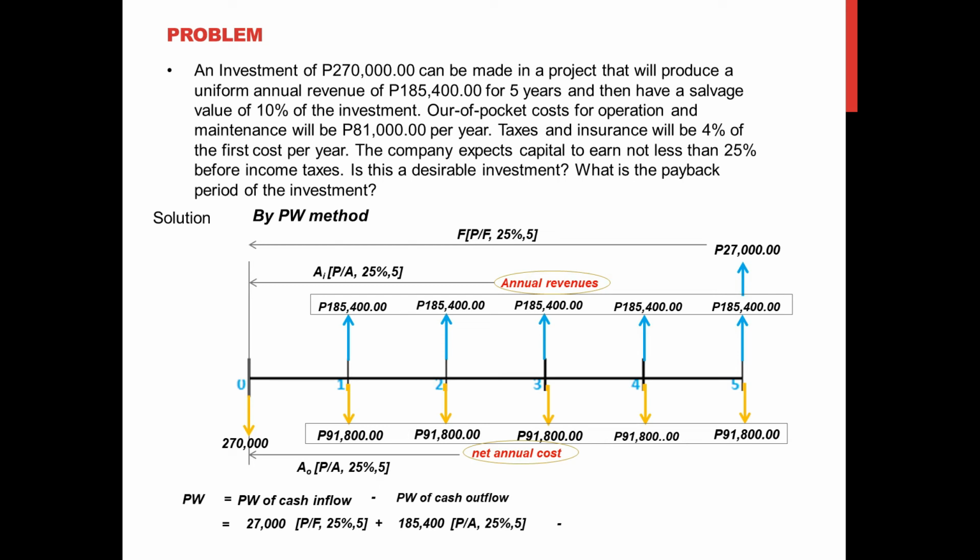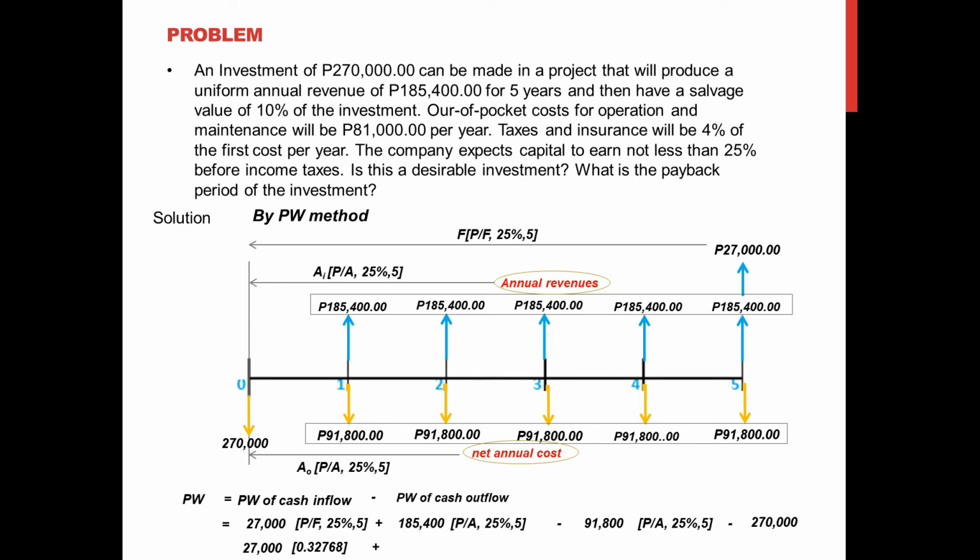Minus, we have the downward annuities, 91,800 pesos, times finding P given A 25% at 5. So again, we deduct the capital investment at this first year because we have the amount coinciding to the present time, 270,000, and that is going down. So we denote negative.